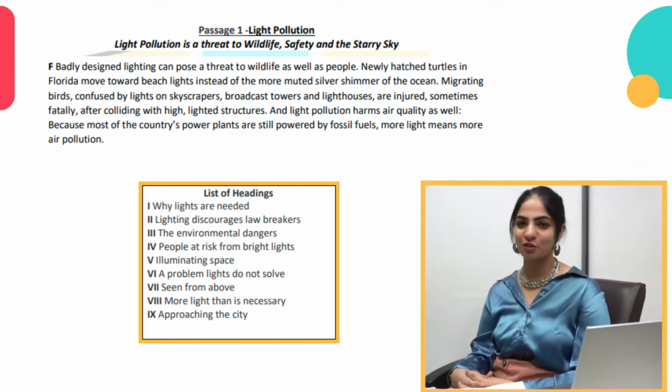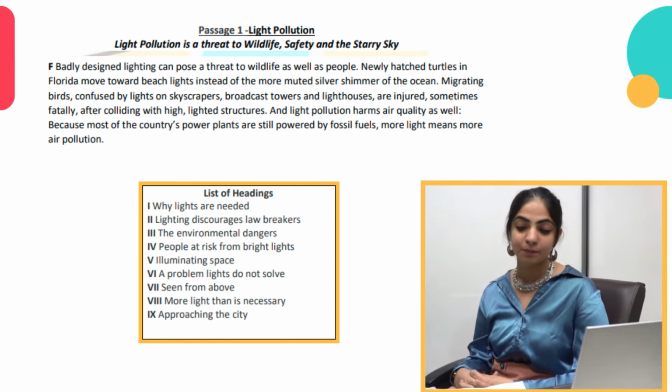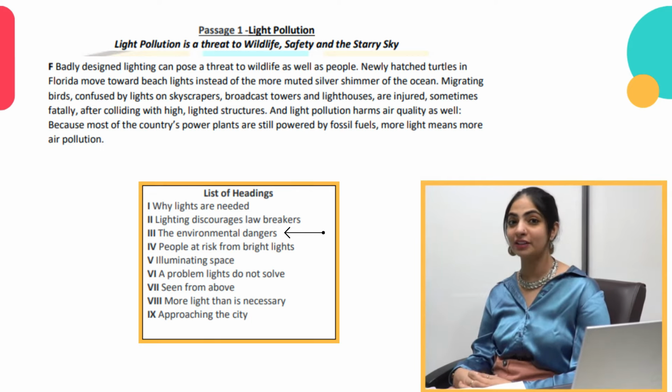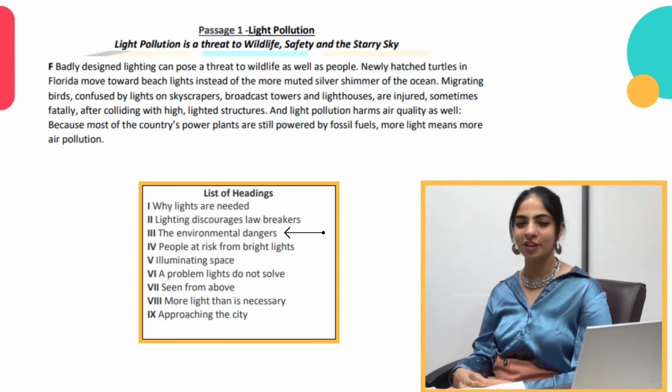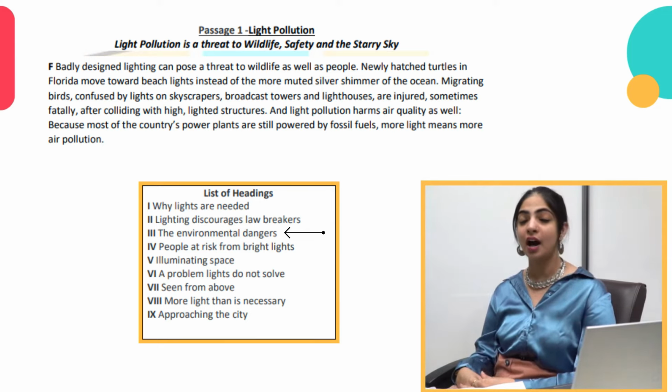You might have got to know the right answer to this paragraph is the third option, that is the environmental dangers. Nowhere in the paragraph have they used the word environment. Nowhere in the paragraph have they used the word dangers. But you got to know this whole paragraph is talking about how lights are influencing migratory birds and how lights are creating pollution.